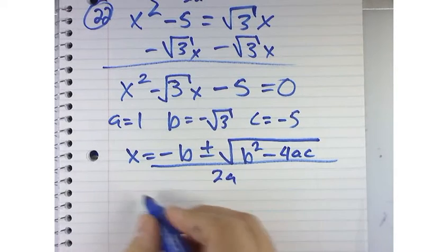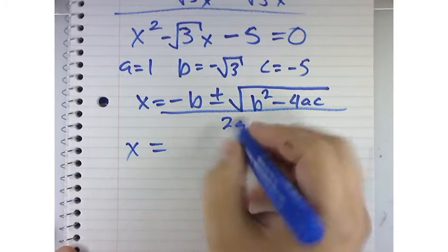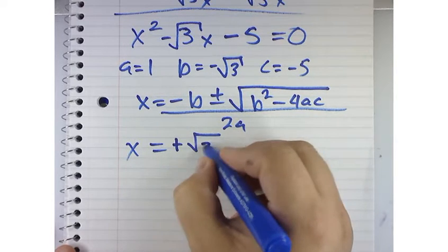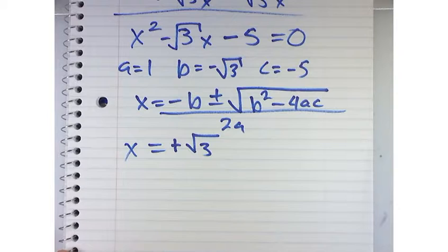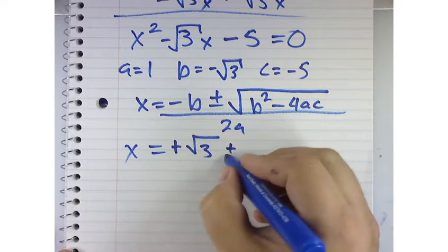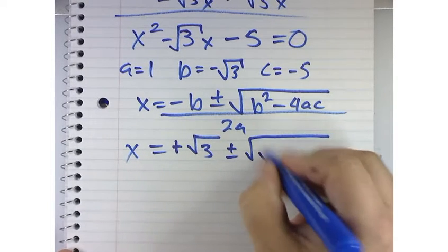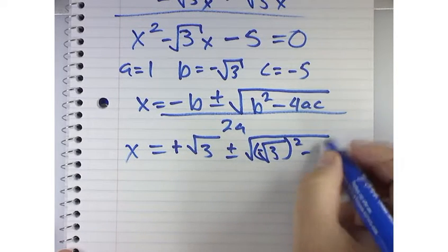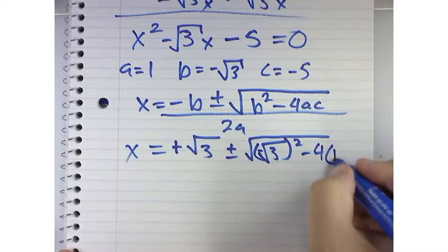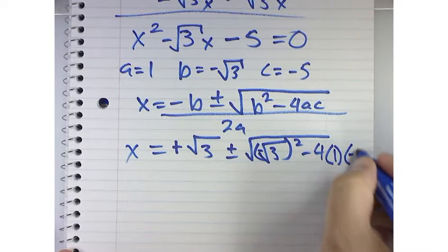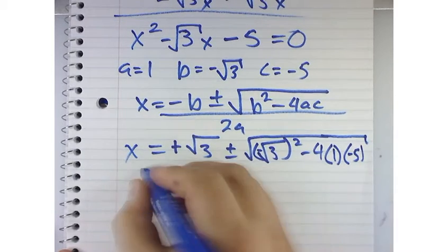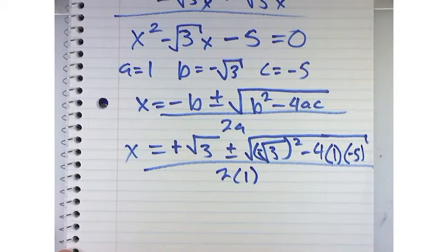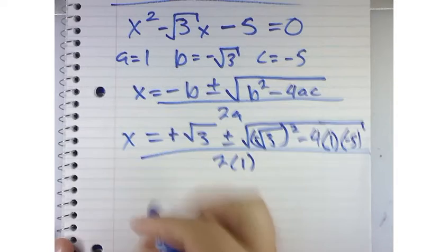And now we're just going to plug this in. x is equal to negative, negative times a negative is a positive, so that's positive square root of 3, plus or minus the square root of the negative root of 3 squared minus 4 times a, but a is 1, times c, but c is negative 5, all over 2 times a, which is 1. Am I going too fast? No. All right, next line.